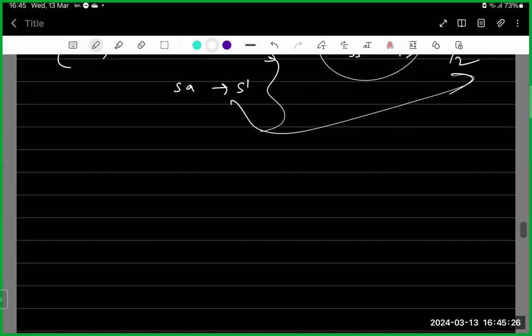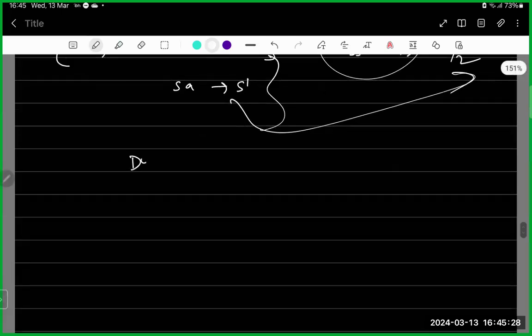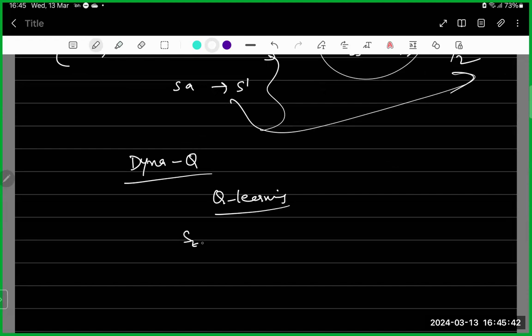So there is an algorithm called DynaQ which tries to club this model based method and the model free methods. For the model free methods, one algorithm we have seen is Q learning, right? Whenever you encounter some state st comma at, we'll just update that particular Q of st comma at. So based on every sample, you just update your Q function once, right?